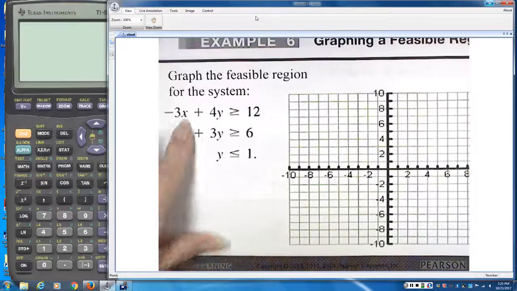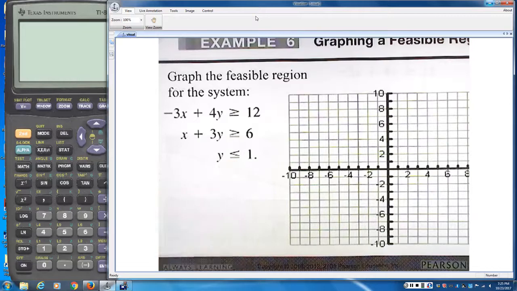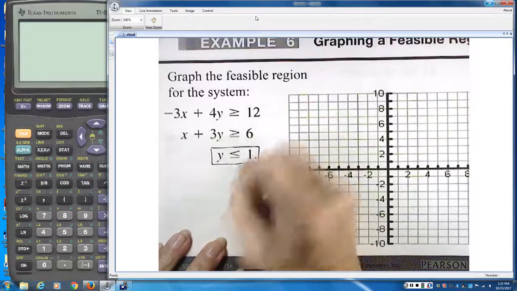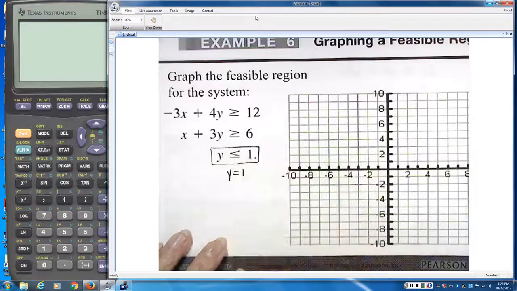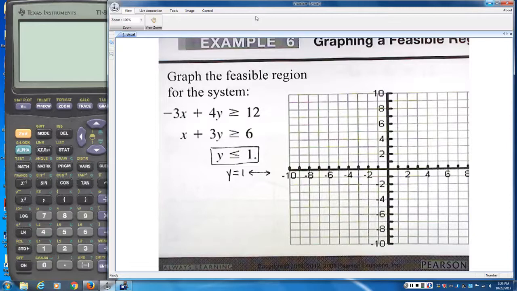So we're going to graph this system. We've got three inequalities. The easiest one to get is y is equal to or less than 1. We know that y equals 1 is the horizontal line, so we may as well just go ahead and put that on there.